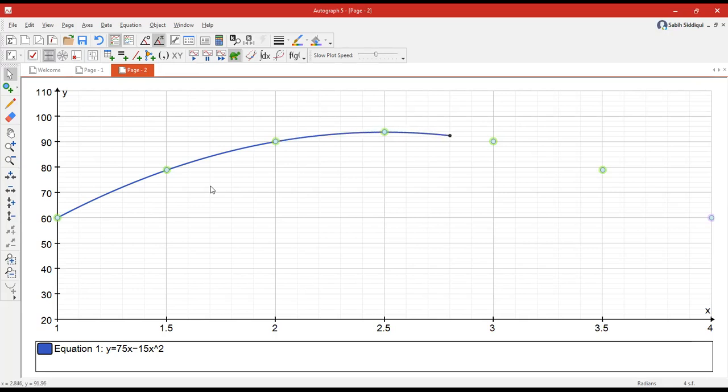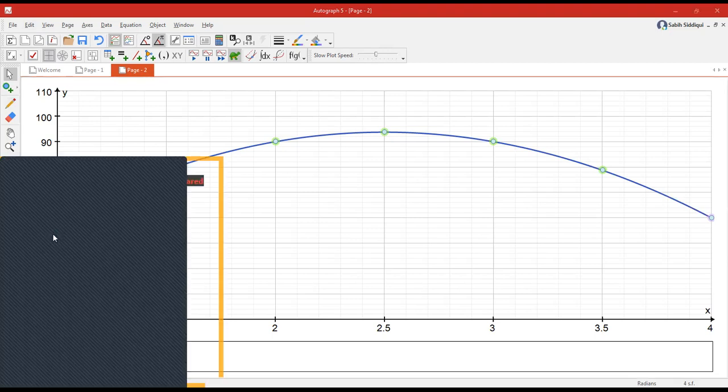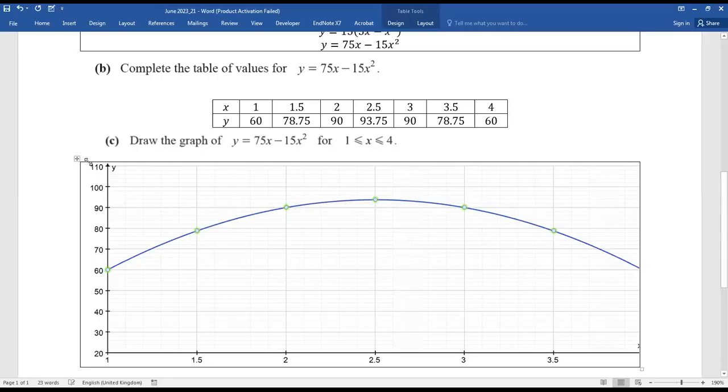So try to join the entire thing with a single curve and do not break the curve in between with straight lines. So once we are done with the graph, let's just copy this graph. So this is the graph.